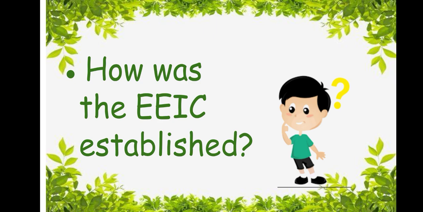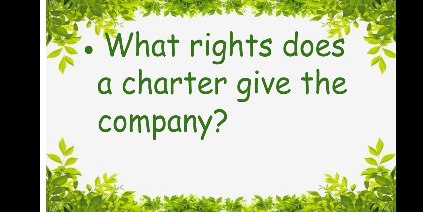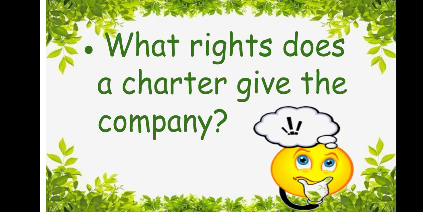The English East India Company was set up as a trading company by a charter from Queen Elizabeth that gave them exclusive right to trade. Now, next question. What rights does a charter give the company? The charter gave them the full right to trade with Eastern countries.